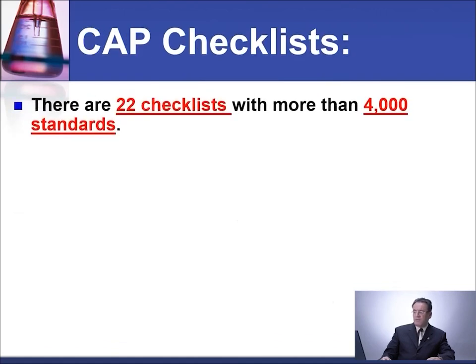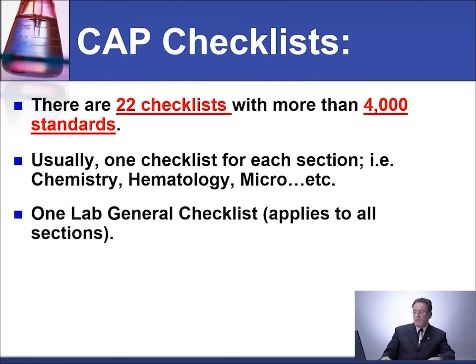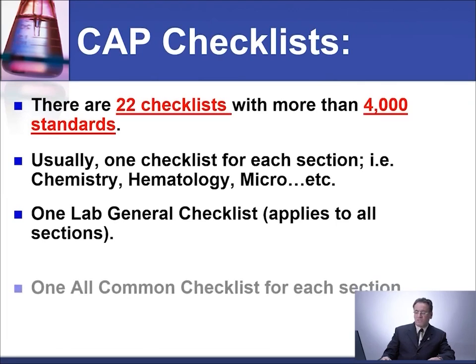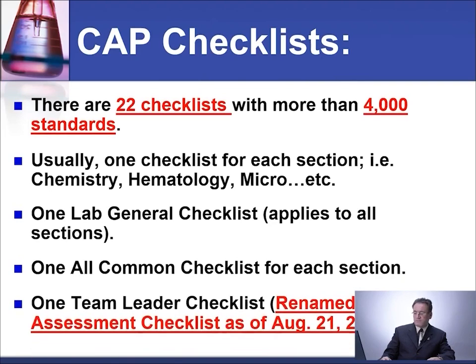There are 22 CAB checklists with more than 4,000 standards. Usually one checklist for each section, like chemistry has a checklist, hematology has a checklist, micro has a checklist. One lab general checklist that is applicable to all sections, and one all common checklist also for each section.